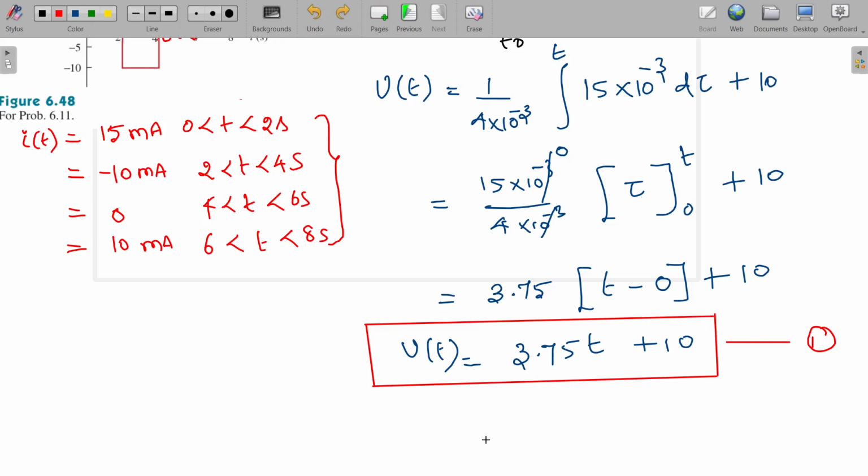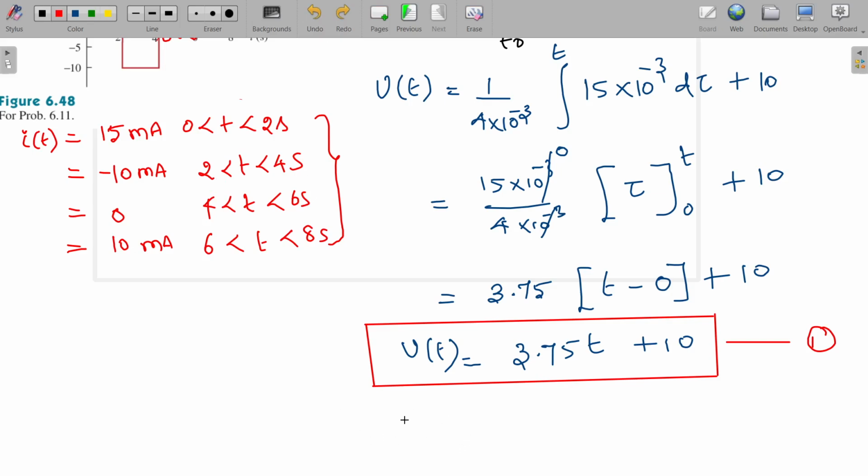But whenever you want to proceed to the next time period, 2 to 4 seconds, we should know the initial value. The initial value is the voltage available at 2 seconds. So what is the voltage at 2 seconds?